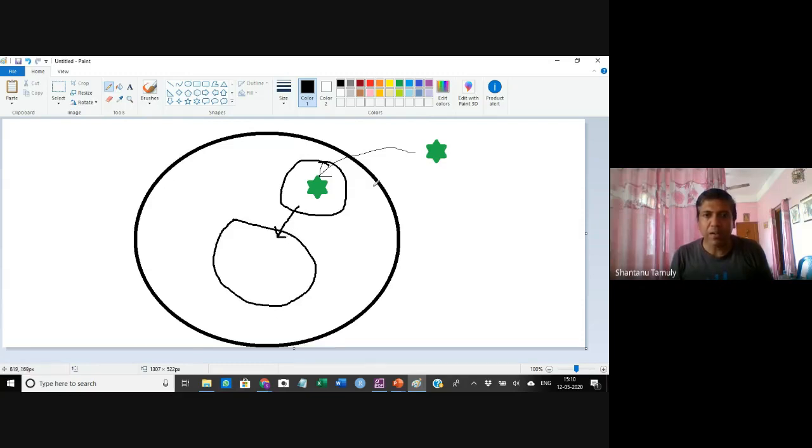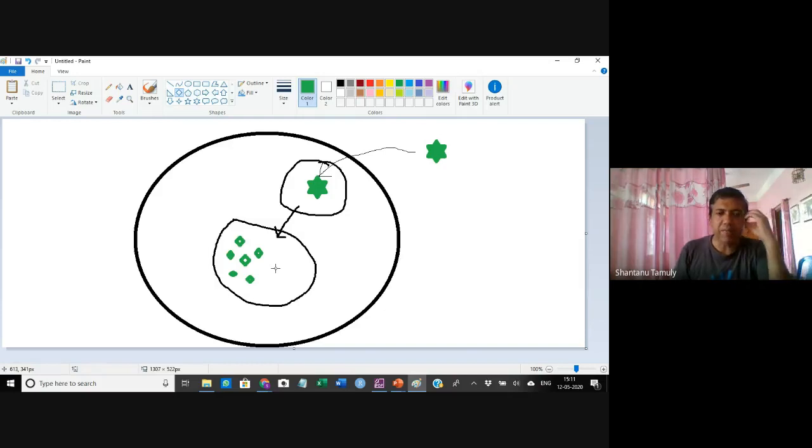So here what will happen? This antigen or microbe or virus, whatever it is, will break into multiple pieces. These pieces of this particular virus or protein are called antigenic peptides.